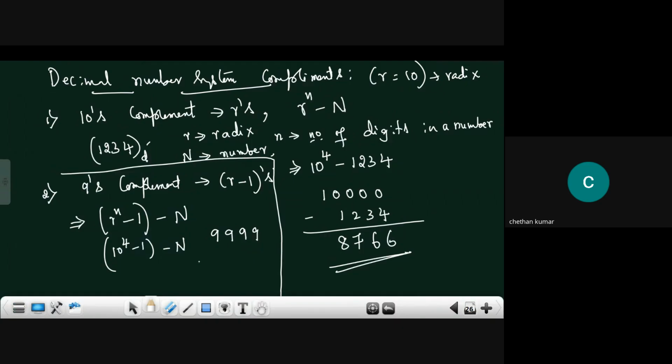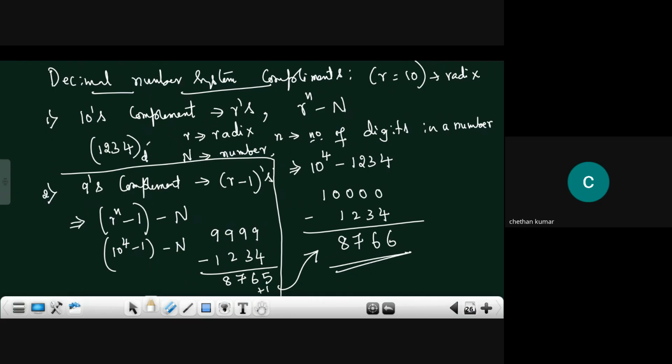So this number will be subtracted from what? The number. 9 minus 4 is 5, 6, 7, 8. This is the 9's complement. What is 10's complement? Plus 1 to the what? Your LSB bit. If you do plus 1 to the 9's complement, that gives the 10's complement.